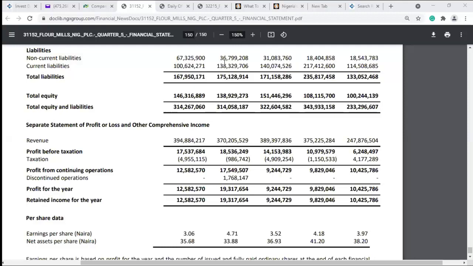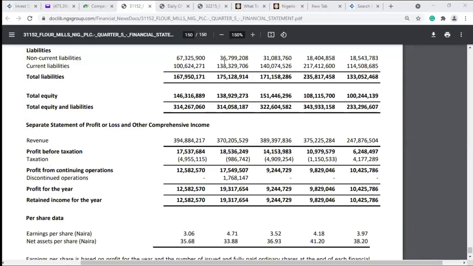Normally, it's like a cycle: after harvest, people don't tend to consume the bread, the spaghetti, whatever the flour industry makes. But now, because of the insecurity, farmers cannot go to farm, so there will be demand for their products. I agree with you. Demand for their products from next year is going to be on the high side.